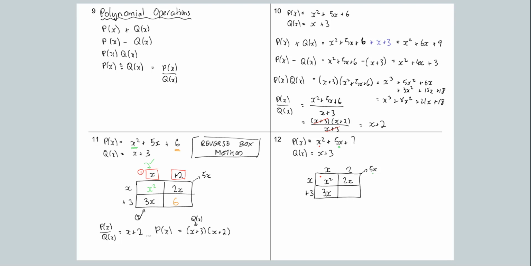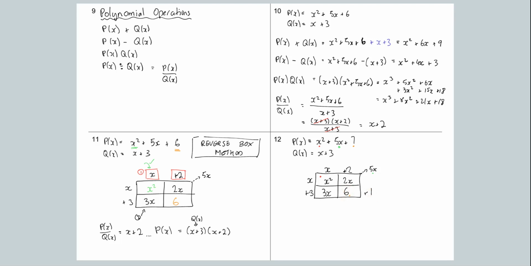But here's where it gets interesting, because if I work out what 3 times 2 is, I get 6, but my polynomial says plus 7, so it means I've got a remainder of 1, and that's what makes it different. So I'm looking for 7, so I've got 6 plus another 1 to make it up.